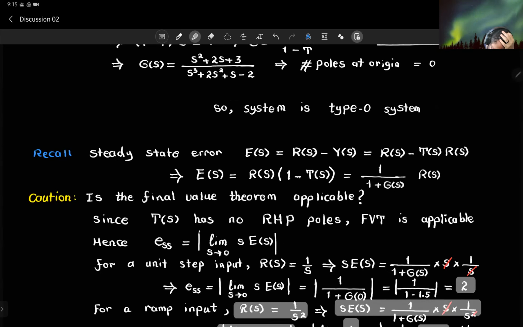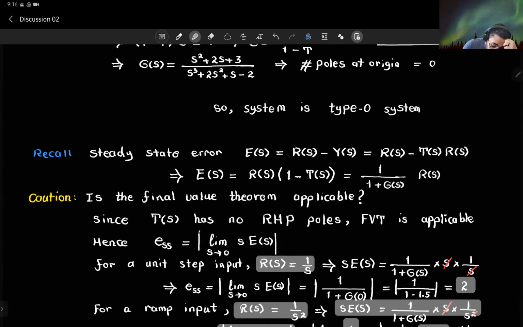So the steady state error is defined as the absolute value of the limit as s goes to 0 of s times E of s. Okay. So for a unit step input, we know that R of s is equal to 1 over s, right?